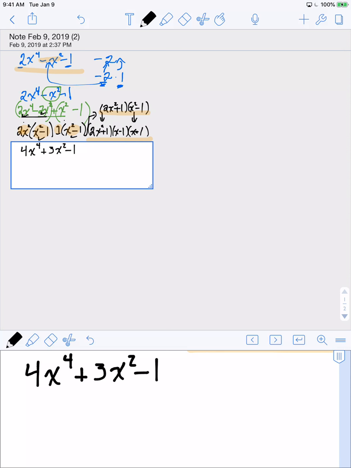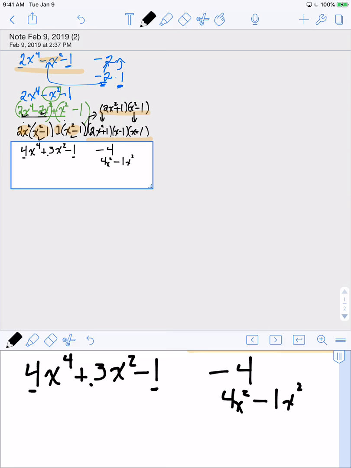I'm going to take the first and last term and multiply them, and I get -4. And then I'm going to split +3 using factors of -4. Well, +4 and -1 are factors of -4, and they also add up to +3. So that's what I'm going to use. Basically I'm going to split the 3x squared into 4x squared and -1x squared.